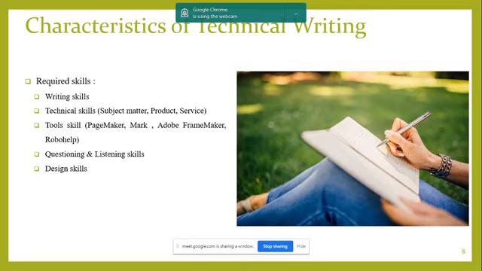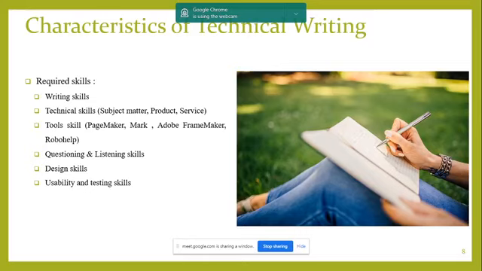And also the design skills. Design skills are for when you want to give some information instead of words. When you give it in pictorial representations, it is very easy to understand for the people who are reading it. So try to build up your design skills also.